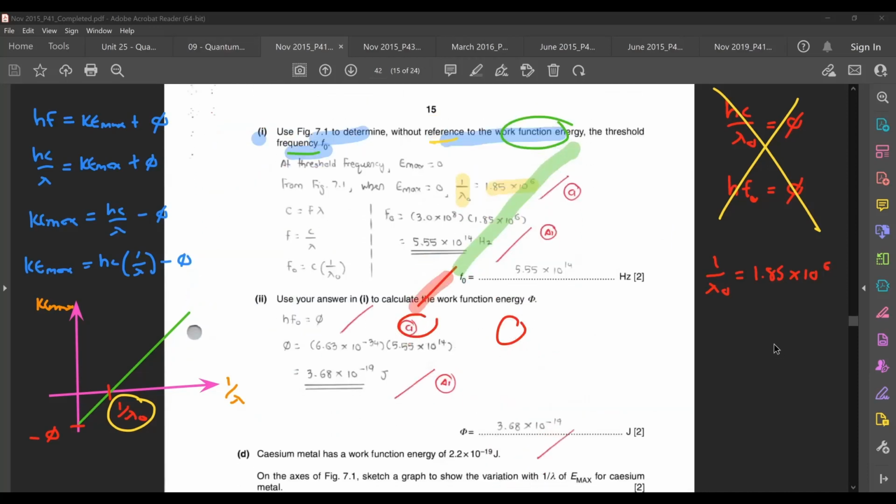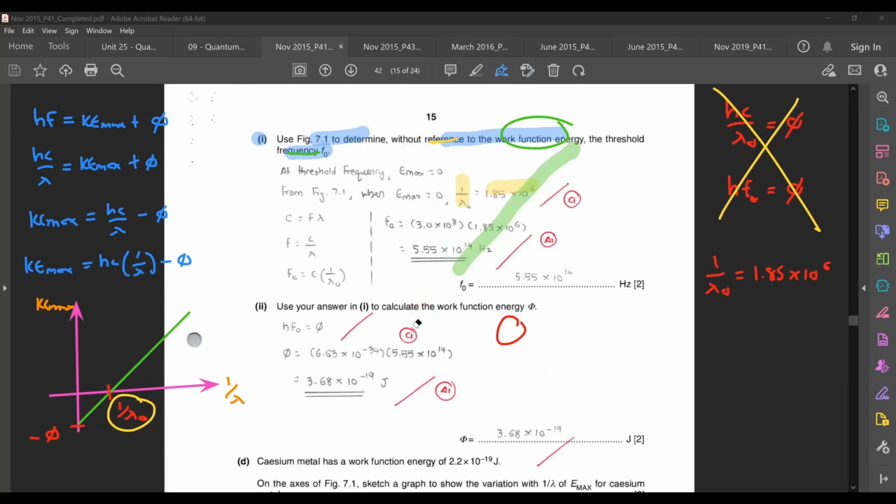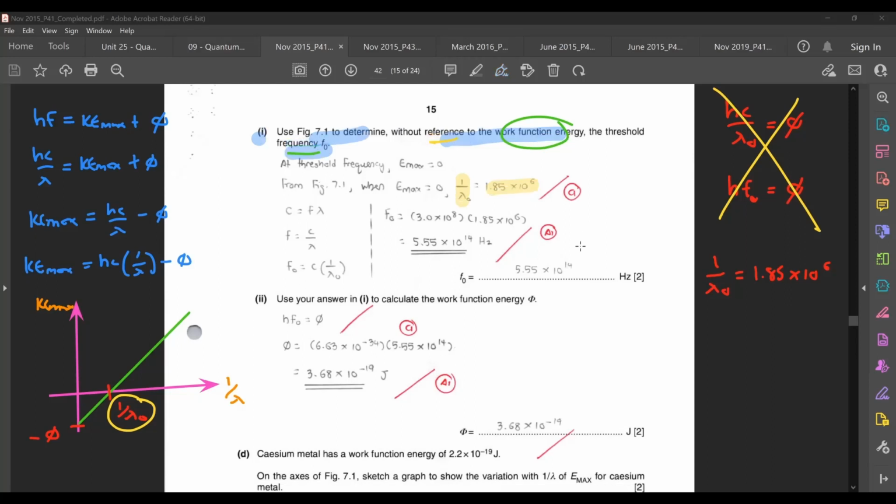So from there, what you can do further is to relate it to frequency. If you recall your equation for wave, this was the common equation that you have used before. If I change it to take into account the speed of EM radiation, c equals f lambda. So your f would be equal to c over lambda. If this one is f naught for frequency, your lambda must be lambda naught. So you want to use this equation.